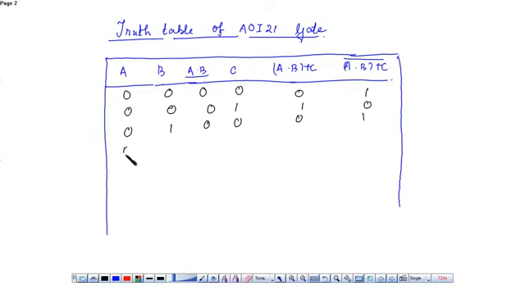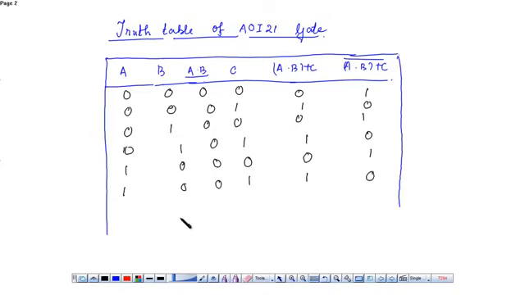Then 0, 1, 0: A dot B is 0, A dot B plus C is 0, output is 1. For 0, 1, 1, the output is 0. For 1, 0, 0, the output is 1. For 1, 0, 1, the output is 0.